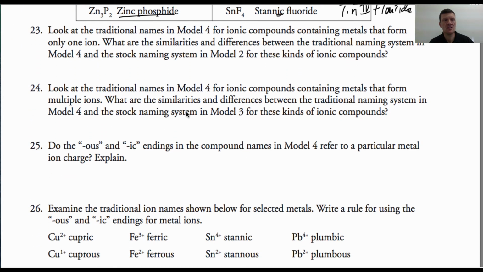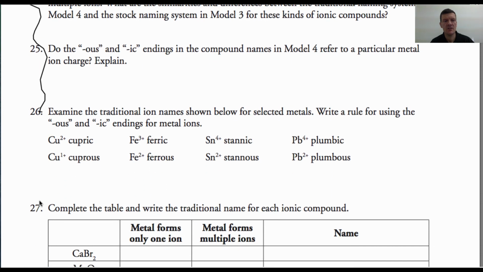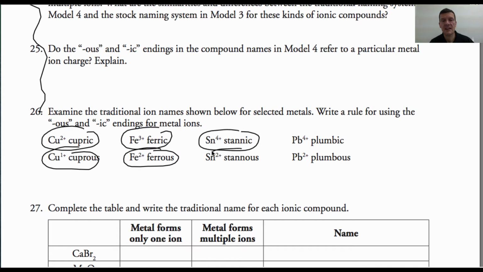You can read through this here and answer all these questions, and you'll see how these are named down here, where instead of saying copper 2, you would say cupric. Instead of saying copper 1, you'd say cuprous. Instead of saying iron 3, you'd say ferric. Iron 2 is ferrous. Tin 4 is stannic. Tin 2 is stannous.